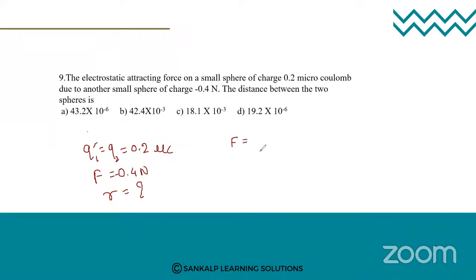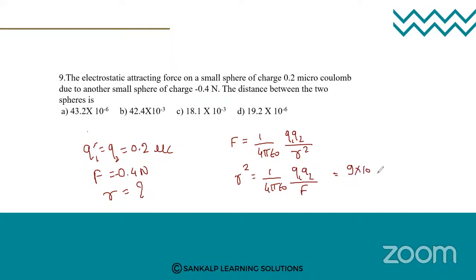So F is equal to 1/4 pi epsilon naught Q1 Q2 divided by R square. If I shift this R square, it becomes 1/4 pi epsilon naught Q1 into Q2 divided by F. So what is 1 upon 4 pi epsilon naught?